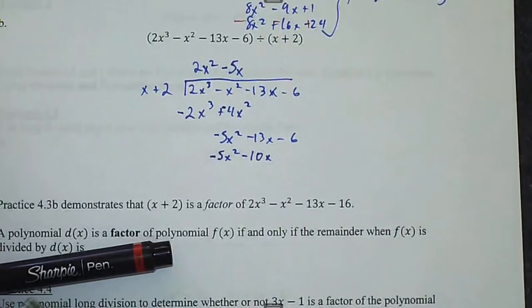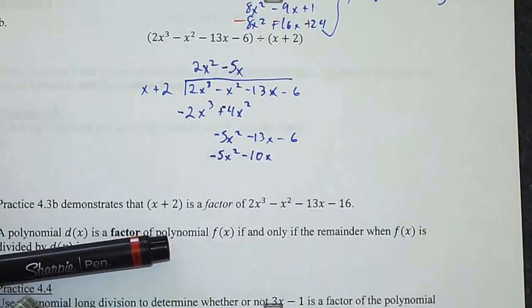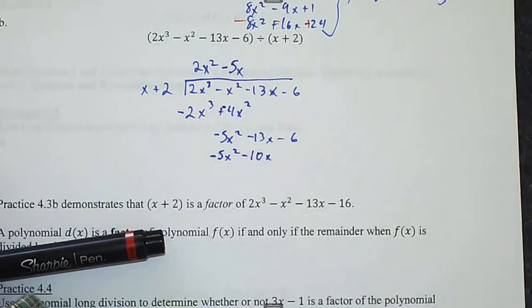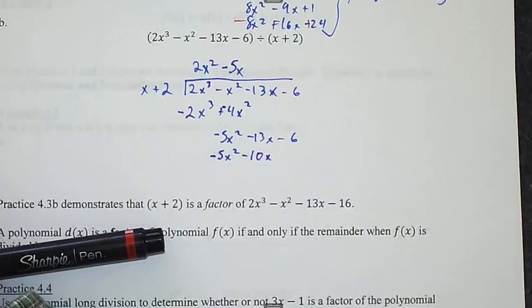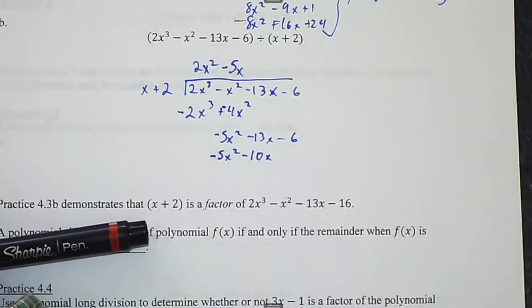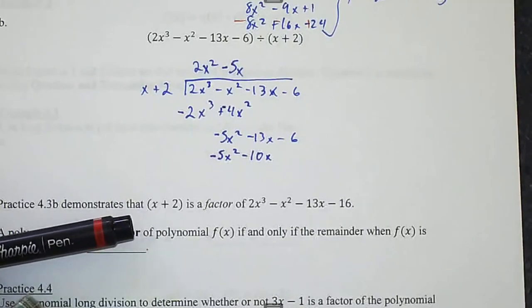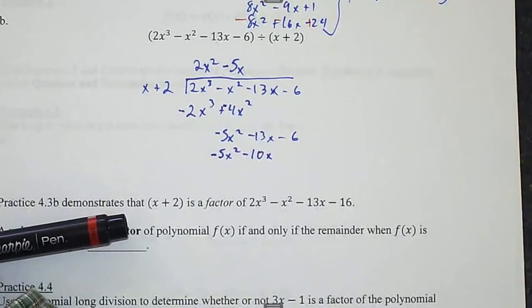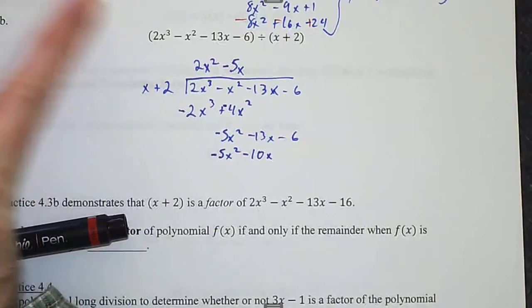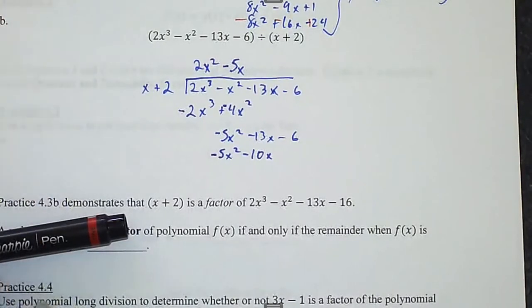It's not missing in the middle. I don't need a zero, either one. So why don't we put like 0x to the 4 plus... I don't need ones in front, because it's already there.